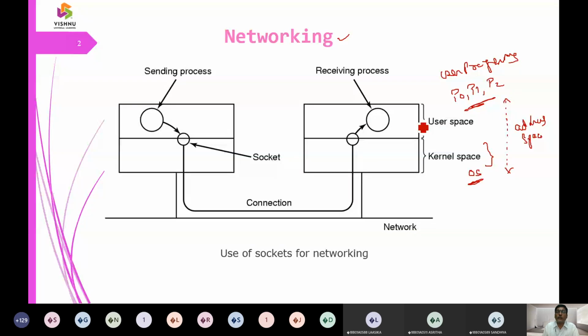What we are going to illustrate here is that we can see this as a source, and here we are going to call it the destination. The communication between the source and the destination will be via sockets.